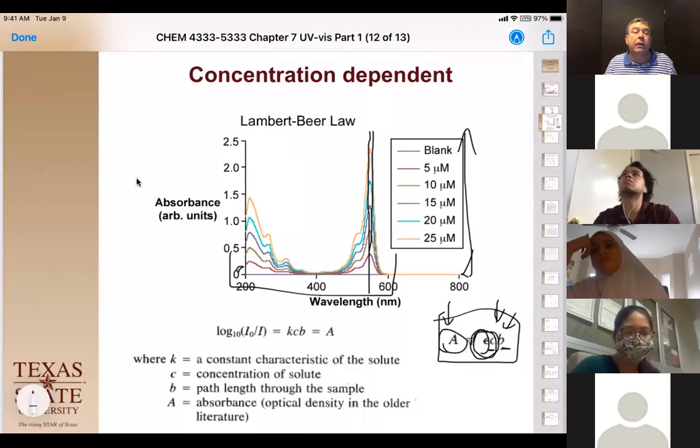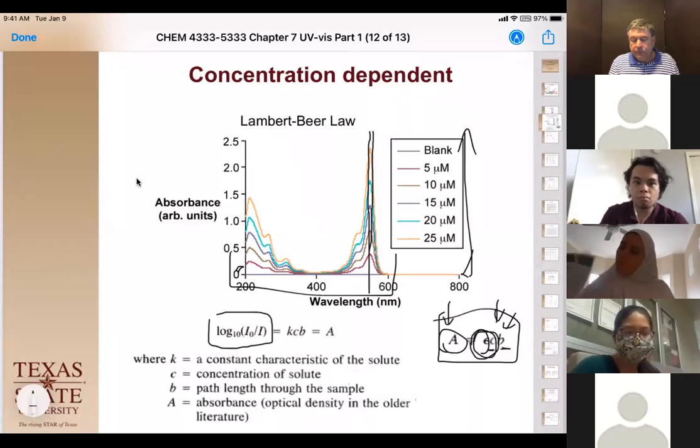Like, let's say you wanted to know whether you have 10 femtomoles or 20 femtomoles of a protein. Well, if you take your UV-Vis and you know the extinction coefficient of your protein in that solvent, you can back calculate to figure out exactly what the concentration of that material is. Okay, so that's really cool. Now, this is also correlated to another rule here, and that's the base 10 log of the intensity measured versus the intensity you're trying to compare it against is equal to a constant times the path length times the concentration.